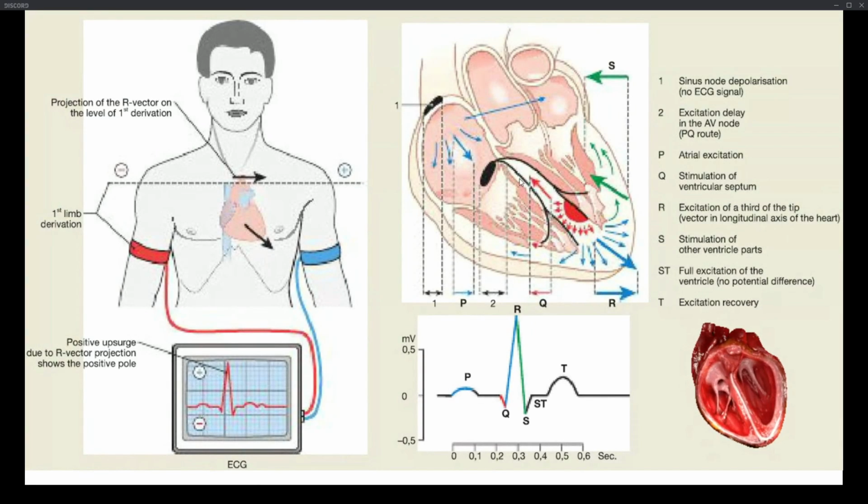So to clarify, the nodus sinoatrialis does get modified by a lot of different pathways.